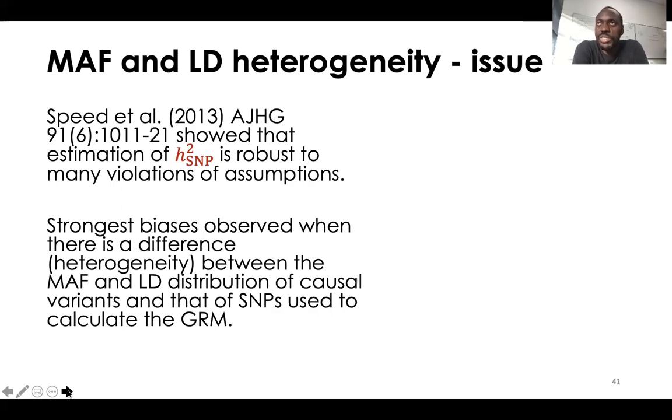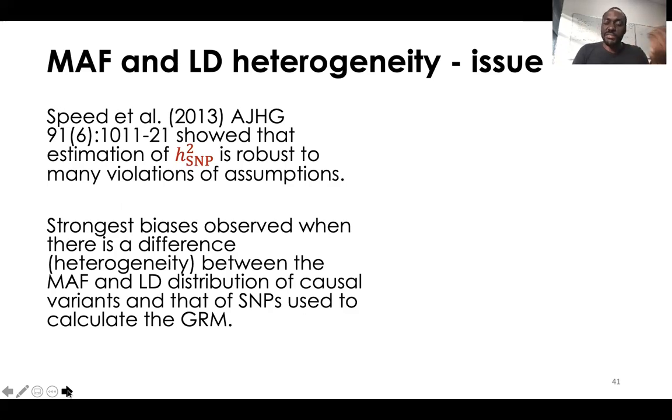So, for example, there is the assumption that the SNP effects are independent, that they are normally distributed, that each of them contributes the same, and they played around with different scenarios for testing the robustness of the model. And by and large, the conclusion was that estimation of SNP-based heritability with GREML is pretty robust to a number of violations of its assumptions.